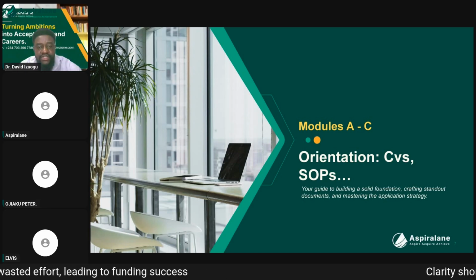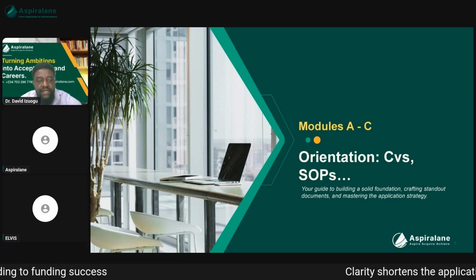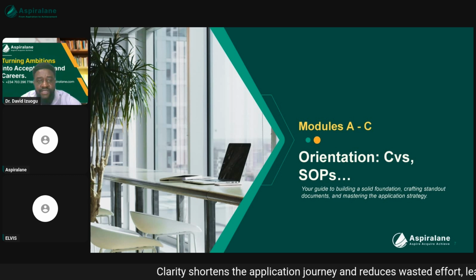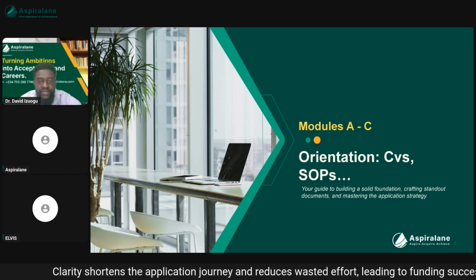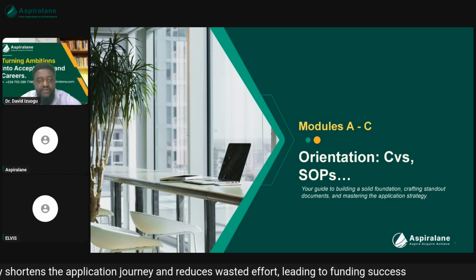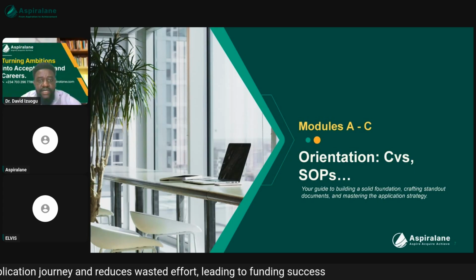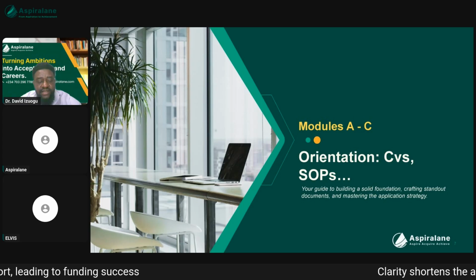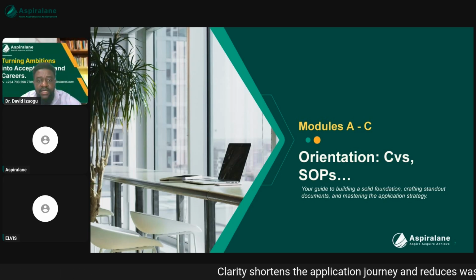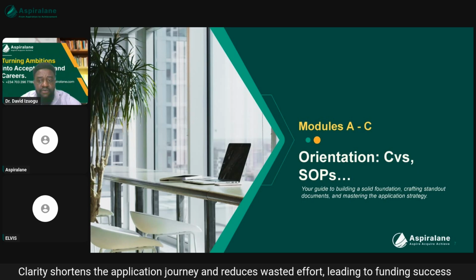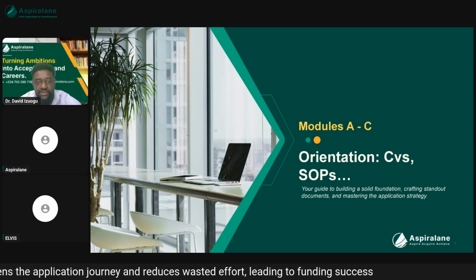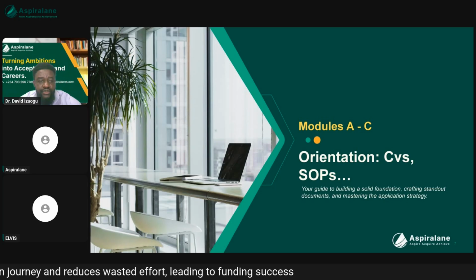The application process doesn't begin when you start writing your personal statement or CV. It actually begins from the time you try to get clarity on your career objective, the point where you start thinking of what program you are going for, as well as choosing a destination country. And we mentioned a couple of factors that you could consider when you are doing all of that.